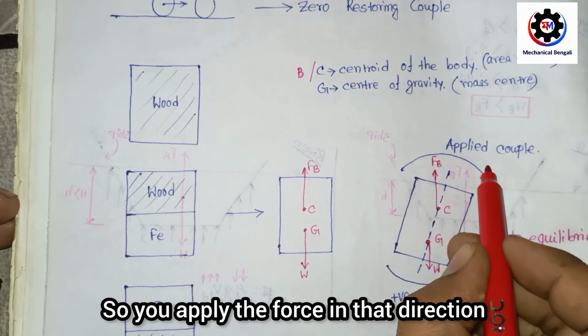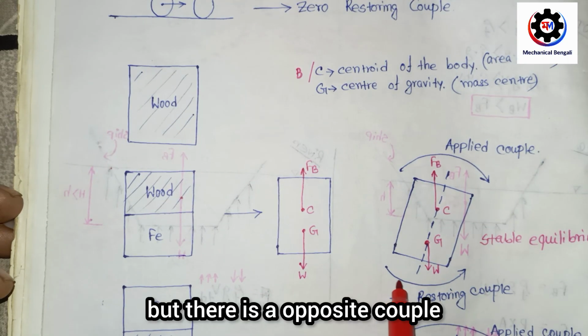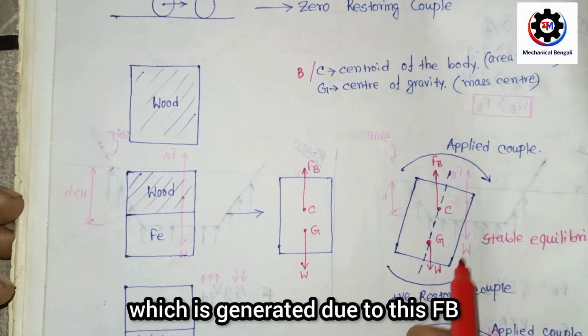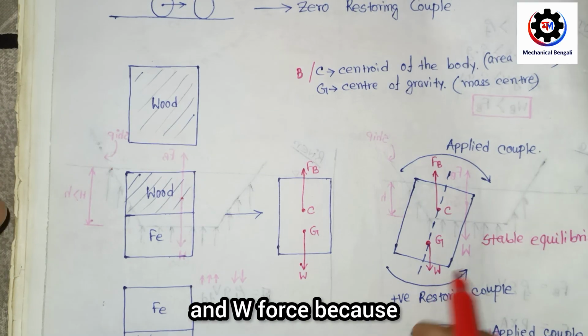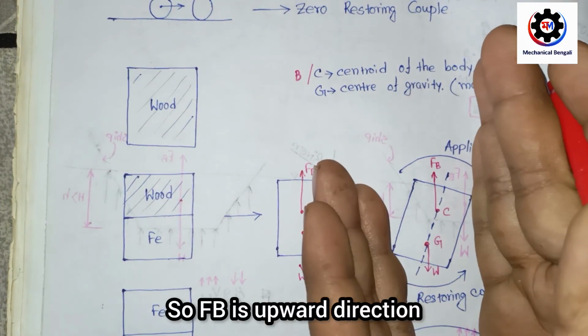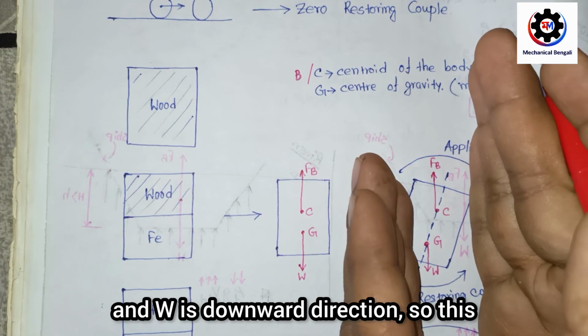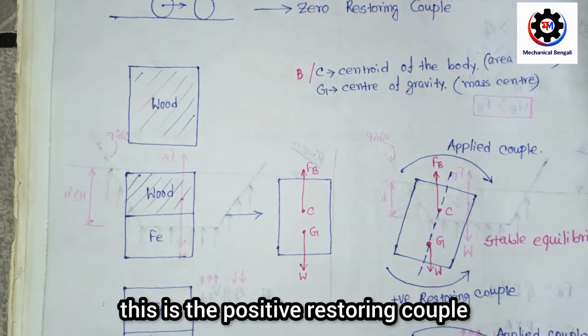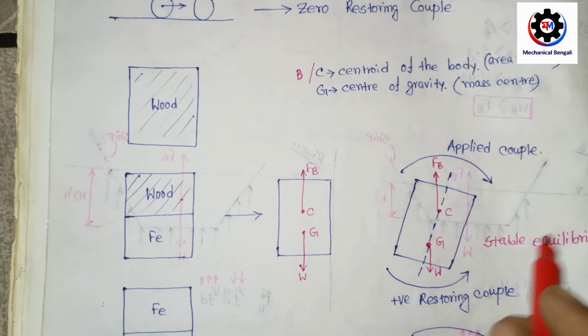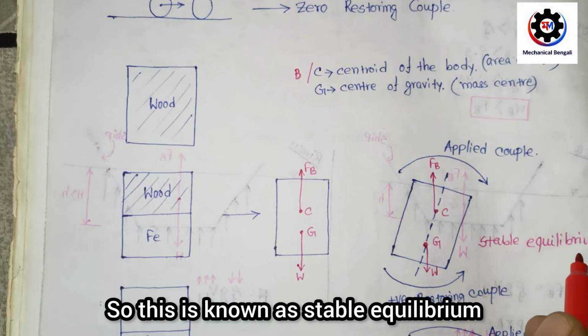You apply the force in that direction, but an opposite couple is generated due to the buoyancy force and W, because the buoyancy force is upward and W is downward. So this is the positive restoring couple which is created. So this is known as stable equilibrium.